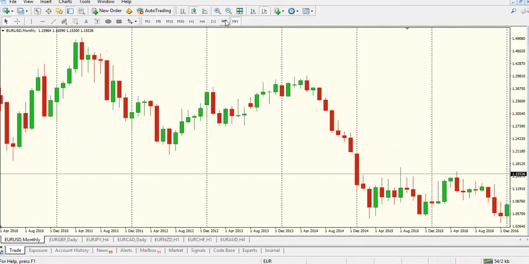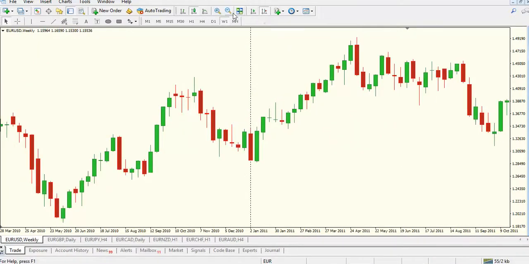So let's go to the weekly and also identify some of them. Nice fractal high, a fractal low here, you can see. So it formed, we have 1, 2, 3. This is the weekly chart. So prices formed the fractal low and we rallied.